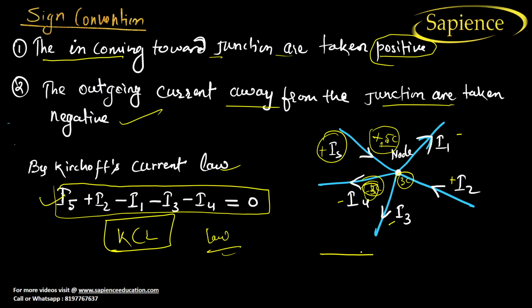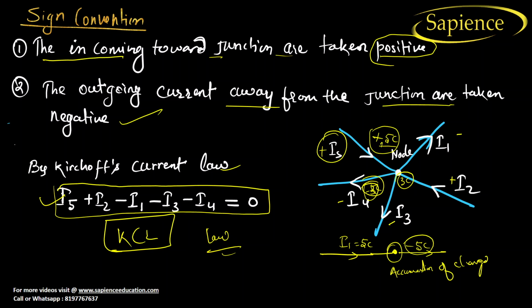If the current comes as I1, where charge is coming as 5 coulomb, then charge has to go outside as 5 coulomb. If this does not happen, there will be accumulation of charge.